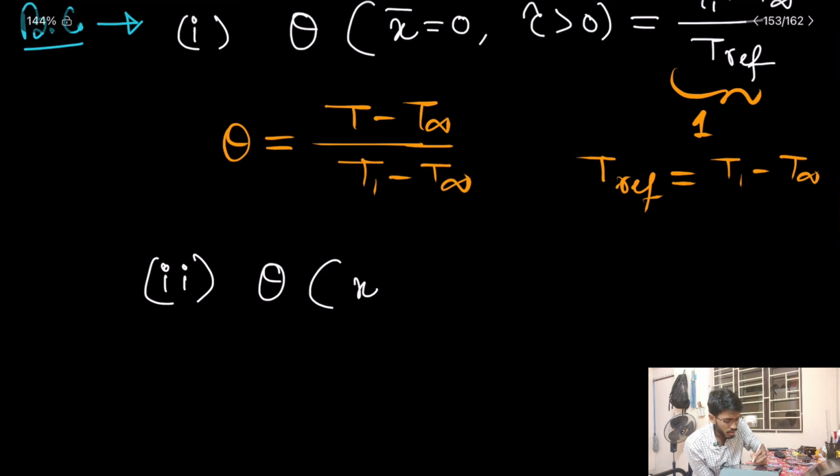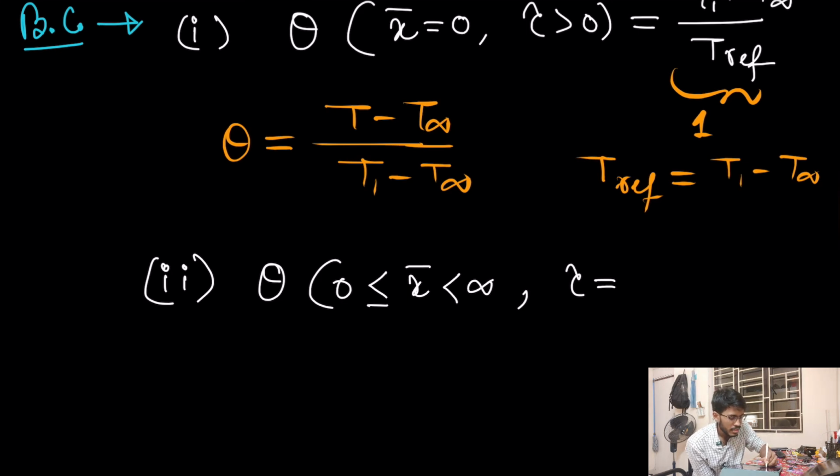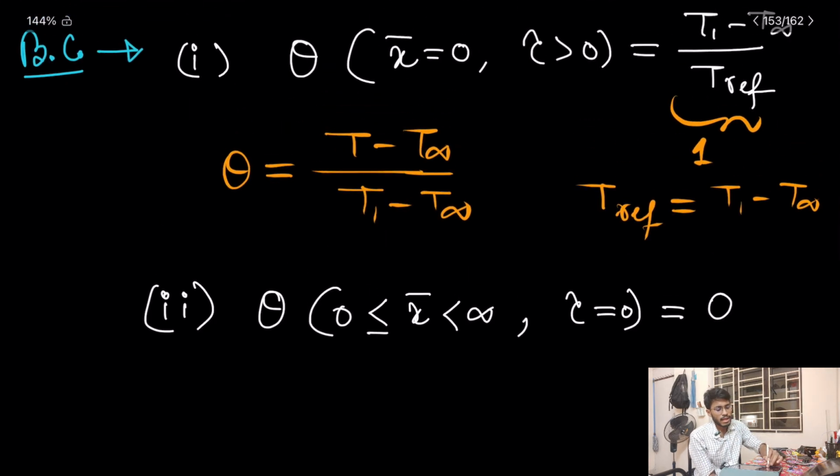Now this boundary condition will be, for any x bar from 0 to infinity, if I take tau equal to 0, I will get here 1, or sorry, 0. And this is equal to 1, because I have taken theta as this.